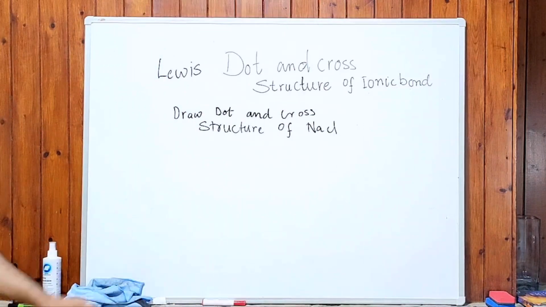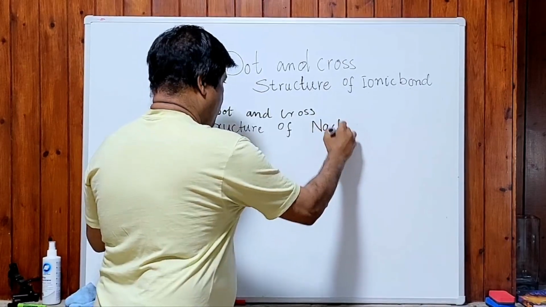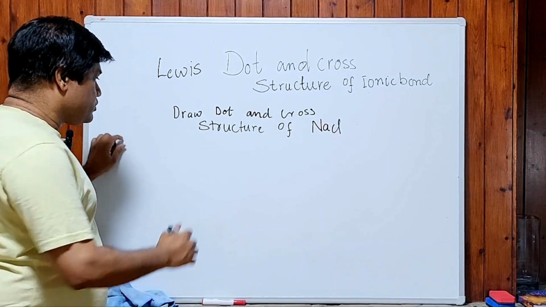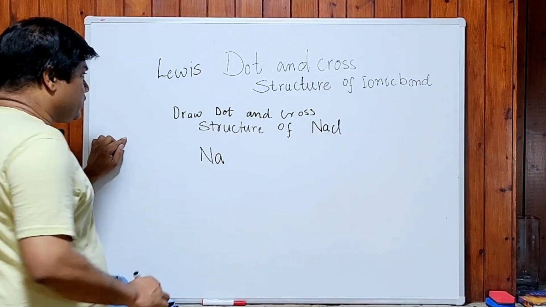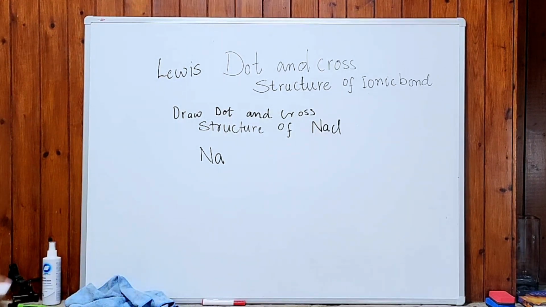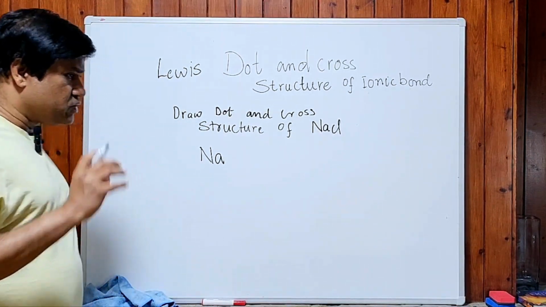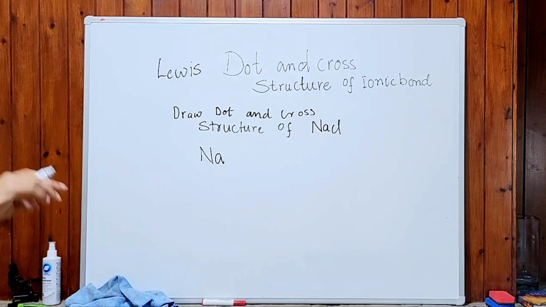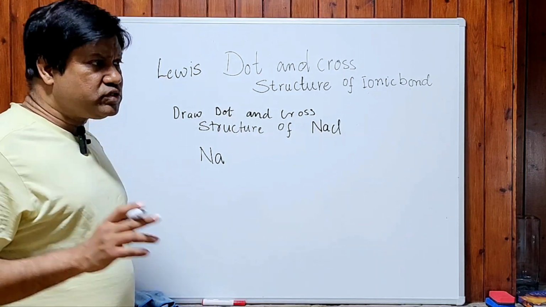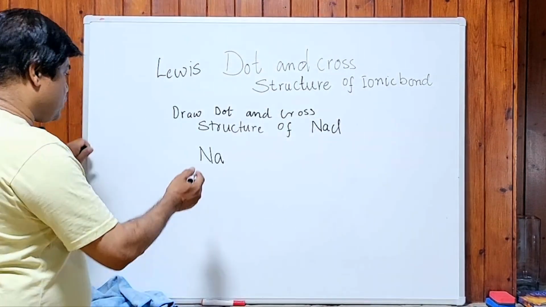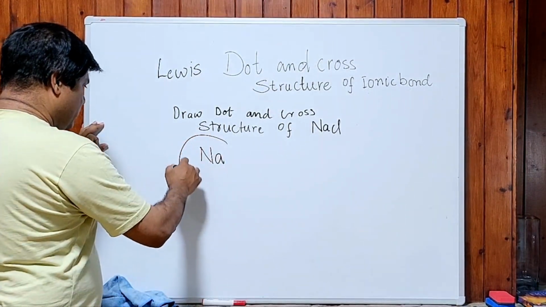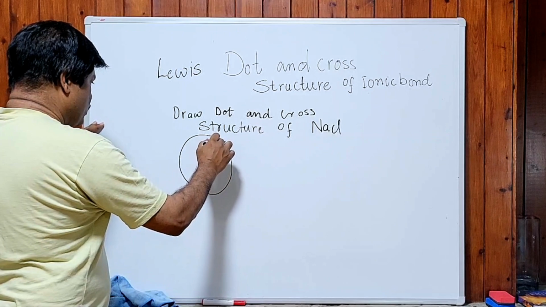You want to try it? Sodium, Na. When you are drawing a dot and cross structure of an ionic compound, just focus on the outer shell electrons. The outer shell electron is also called valence electron. Sodium is in group 1. It has one electron in the outer shell.